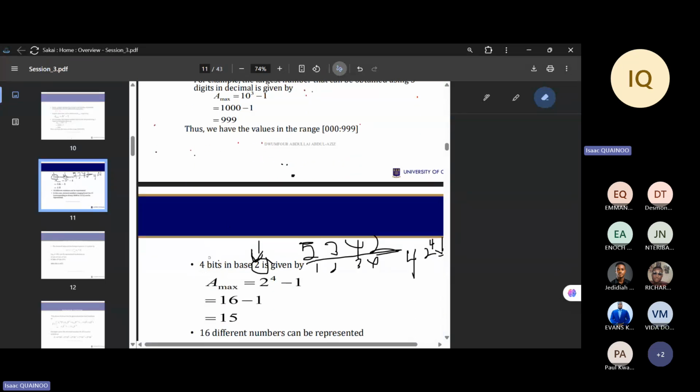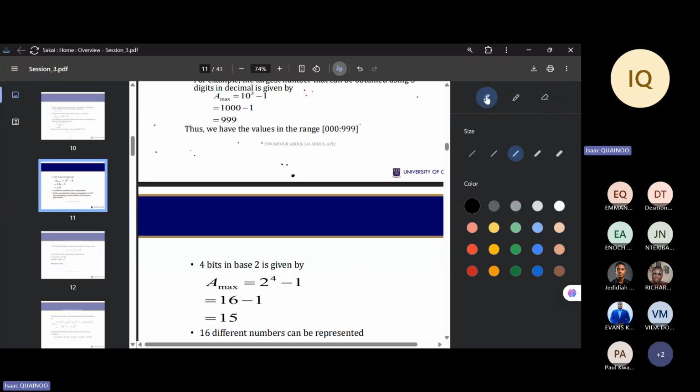There's a second question below. If you are finding the number of representations, we know it is b raised to the power n, where b is our base or radix, and that gives us the number of representations.